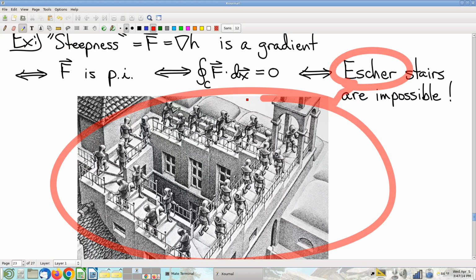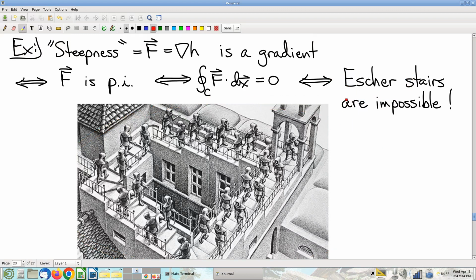So things that look at a quick glance to be physical, but then when you take a closer look, you're like, hey, wait a minute, I'm confused. Wait, what happened? Things that on closer inspection, you realize, something's terribly wrong here. So Escher does a lot of that kind of stuff.